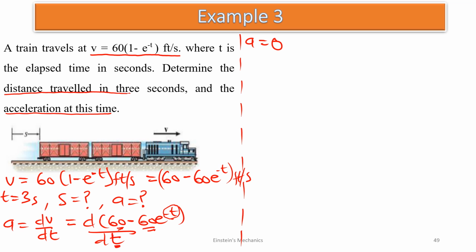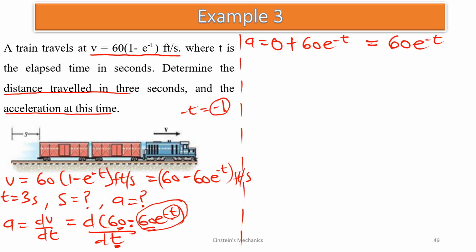If you differentiate negative t, we get negative 1. You multiply it by the whole expression. If I multiply the whole expression by negative 1, that turns the negative to positive, so that is going to be positive 60 e^(-t). Therefore, the acceleration function is 60 e^(-t).